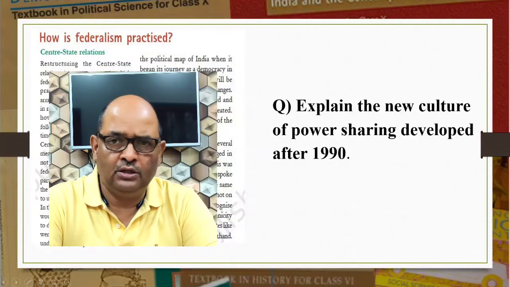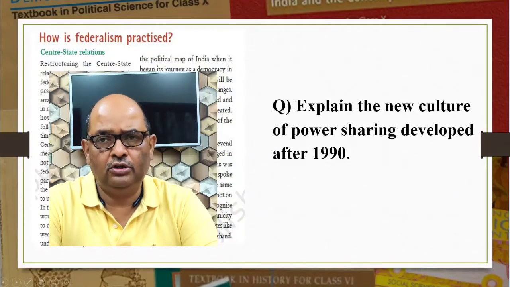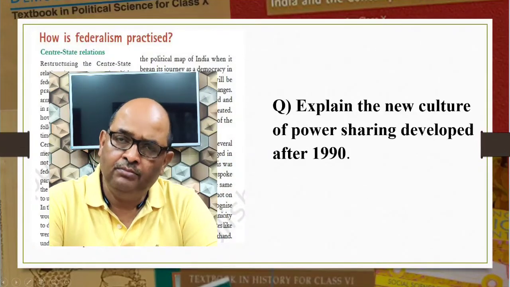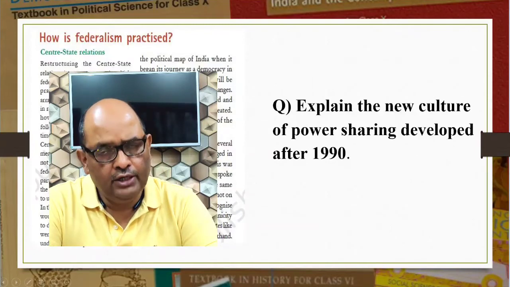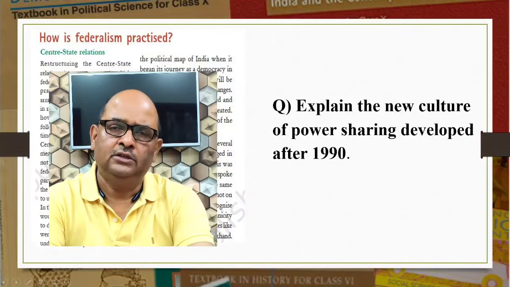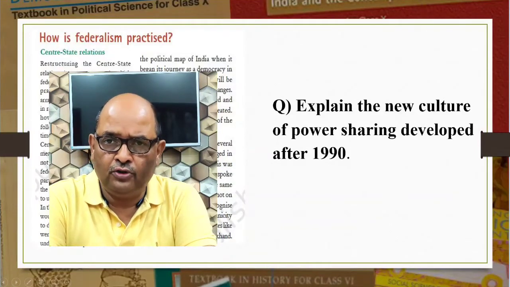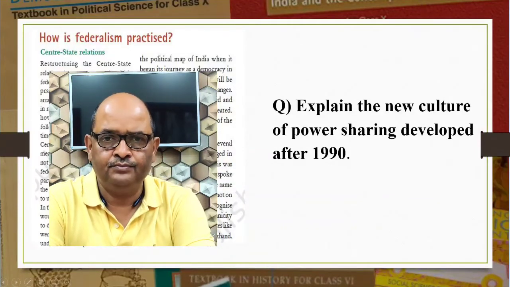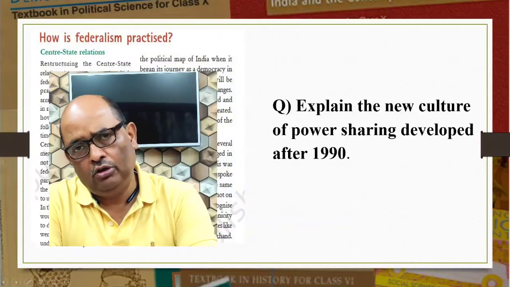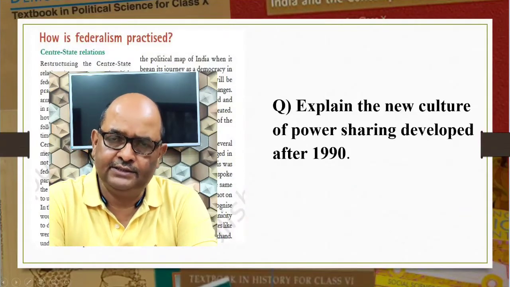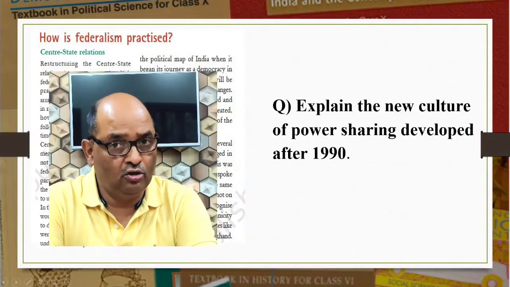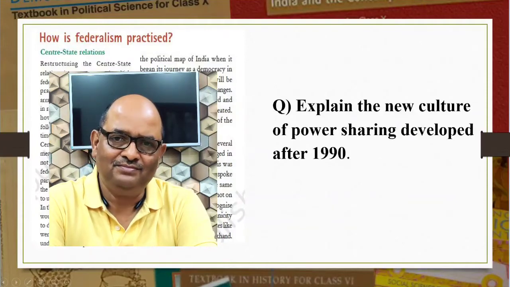Since no single party got a clear majority in the Lok Sabha, the major political parties had to enter into an alliance with many parties including several regional parties to form a government at the center. This led to the beginning of coalition governments at the center as a new culture of power sharing.